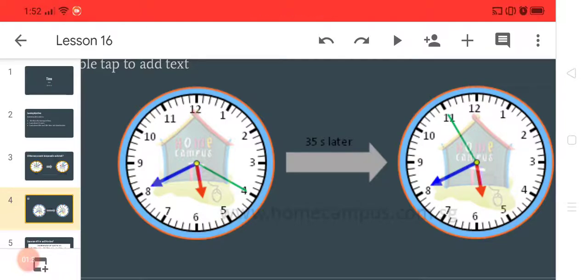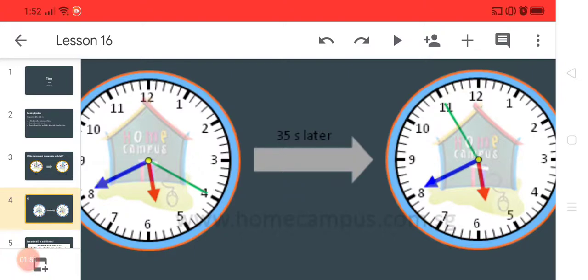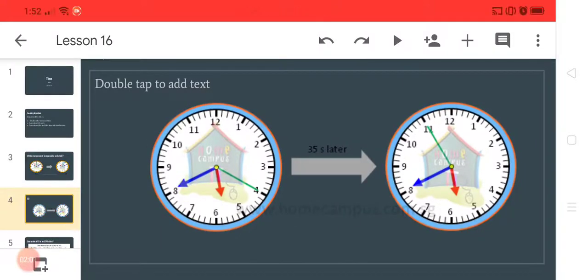When the rotation is not given, you are taking the clockwise rotation for this. 4 to 5 is 5 seconds, 5 to 6 is 5 seconds again, 6 to 7, 7 to 8, 8 to 9 and so on. You have to count 5 seconds each; from 4 to 11, a total of 35 seconds have passed on the second clock. And I hope you have cleared this.